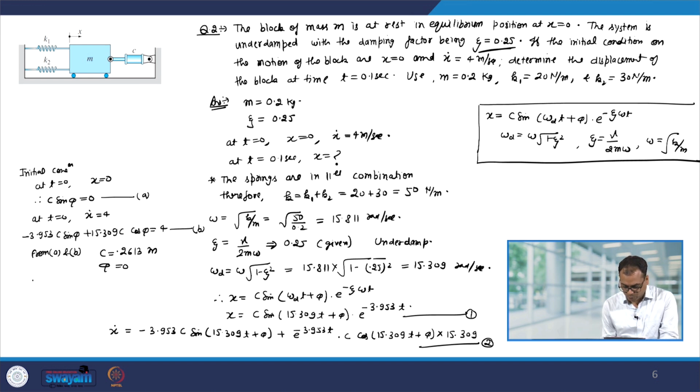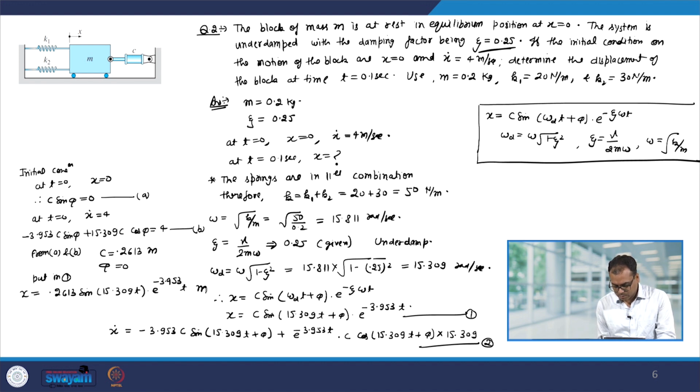So, you get x equal to 0.2613 sin(15.309 t) and phi is 0, multiplied by e to the power minus 3.953 t meter.